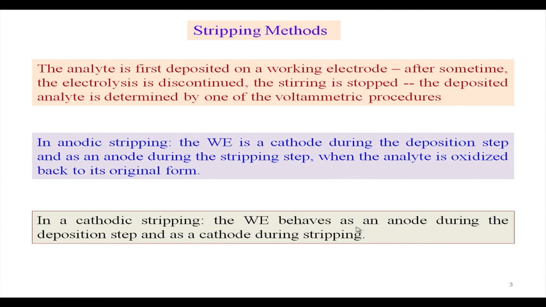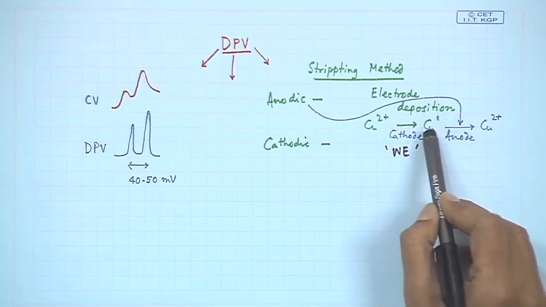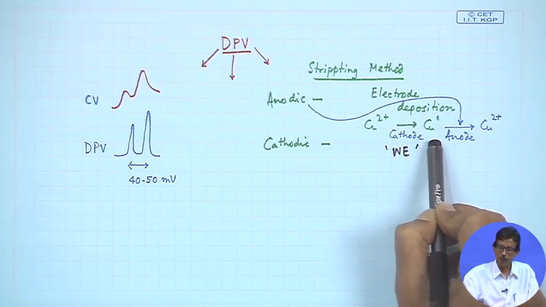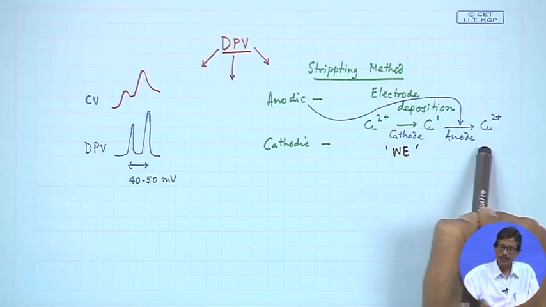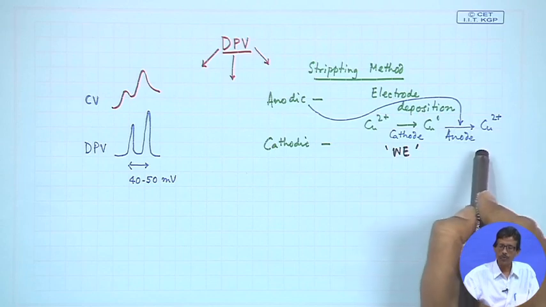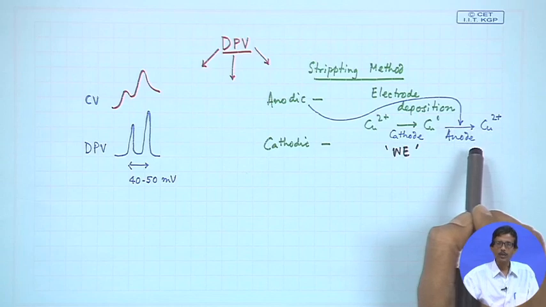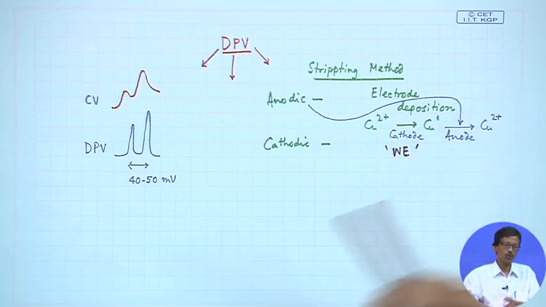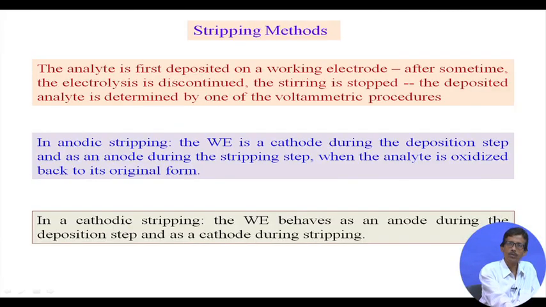In anodic stripping, the deposition is on the electrode surface as copper 0, and when it is oxidized, it gives rise to copper 2 plus from copper 0 and is removed from the electrode. So, the opposite one will be cathodic stripping.